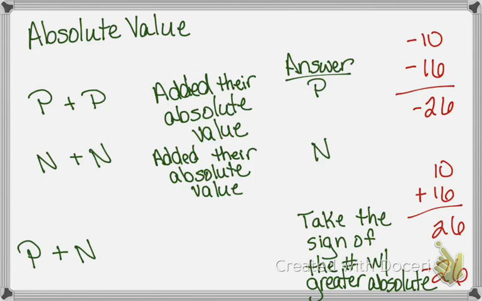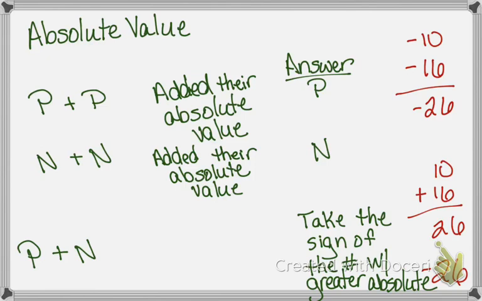Wait, so if it was in reverse and it was negative 1 and positive 10, then you would take positive 10, the bigger number? The positive number is always bigger than the negative number. But you said you would take the sign with the biggest absolute value. Correct. If I had positive 10 and negative 1, which one has the greater absolute value? 10.